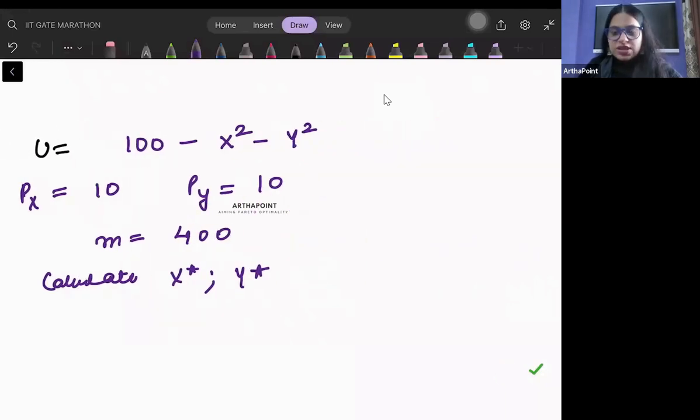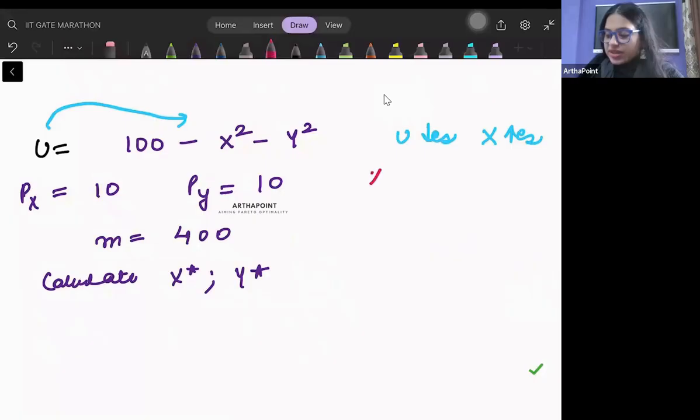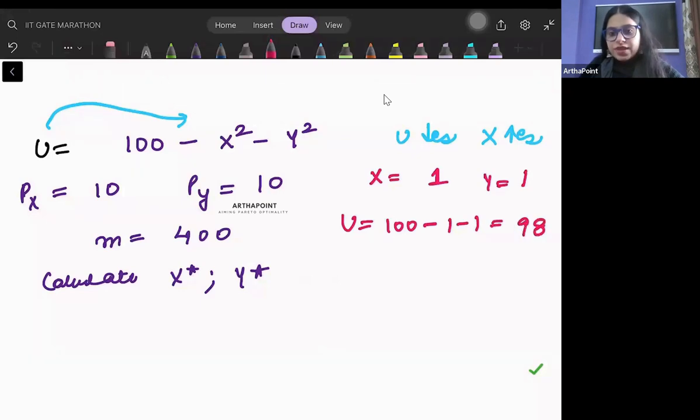अब हमें बहुत ध्यान से देखना है. See, my utility decreases as x increases. When I put x even as 1, एक minimum amount x और y का भी मैं consume करती हूँ, my utility will go below 100. So if x is 1 and y is 1, then u will be 100 minus 1 minus 1. That means 98.